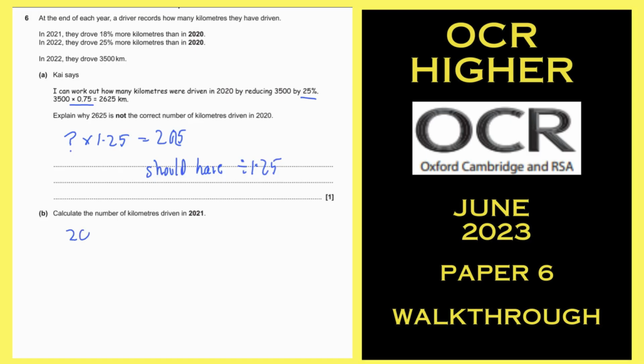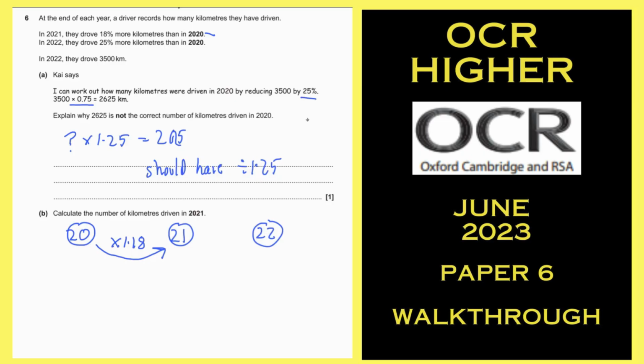There's 2020, there's 2021, and there's 2022. I put a ring around them because they're not numbers we're going to use in our calculations. There we go. This line, in 2021, they drove 18% more than 2020. So from there to there, that will be 18% more.